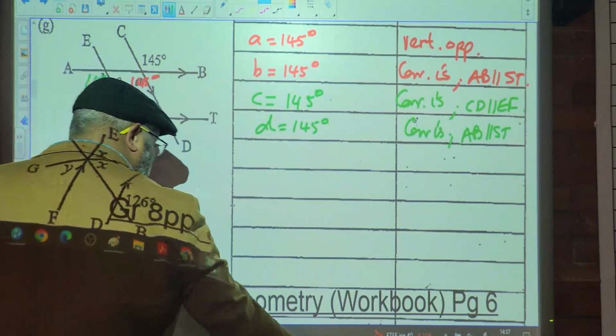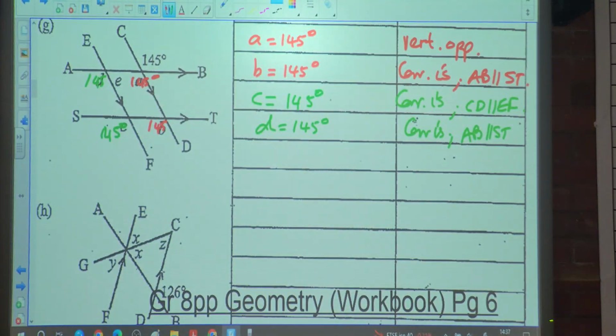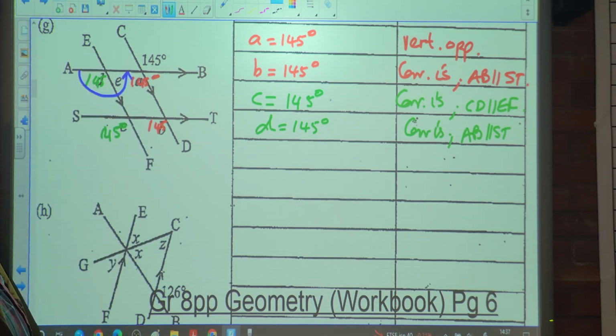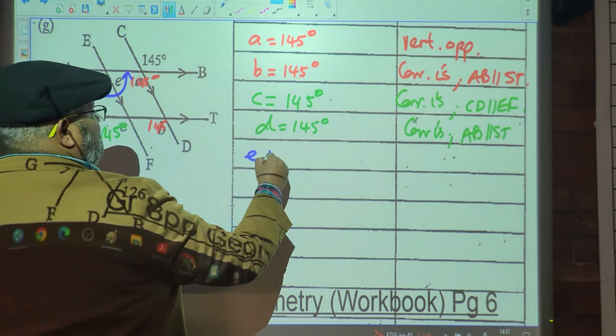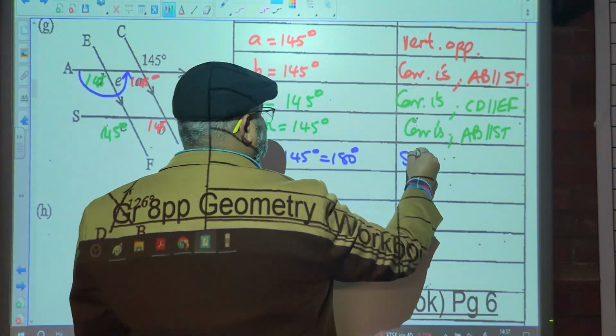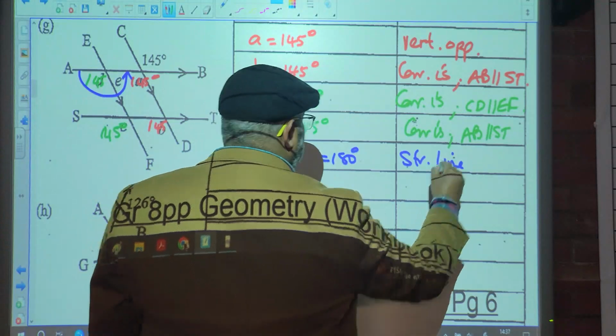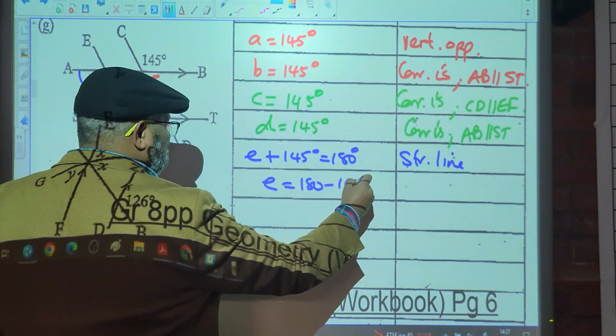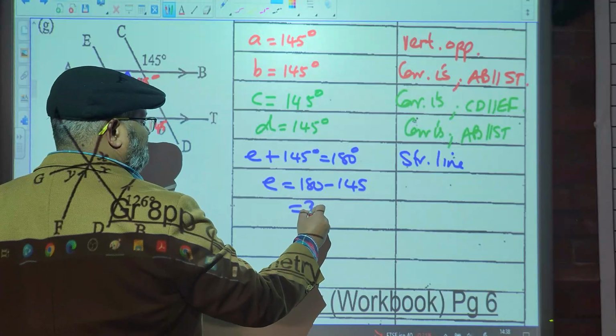I'm going to calculate E. Don't tell me co-interior. You could have used co-interior absolutely, but straight line. So E plus 145 is equal to 180. Why? Straight line. So E is 180 minus 145, which is 35.